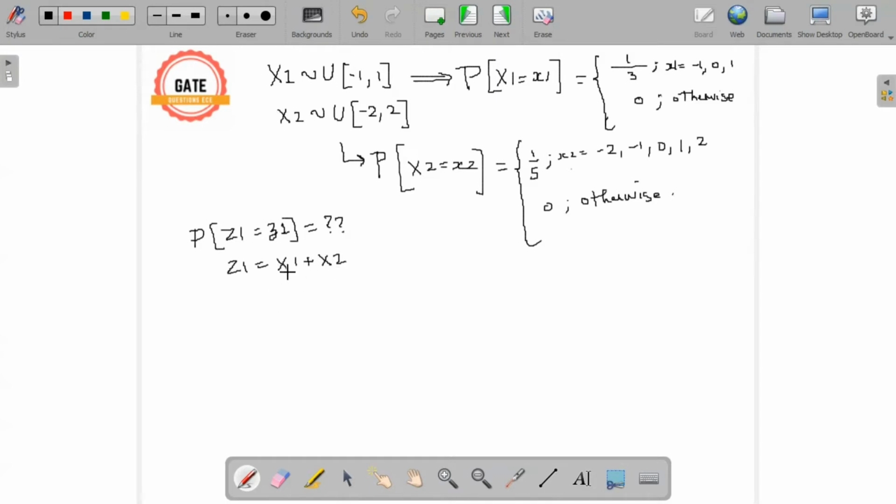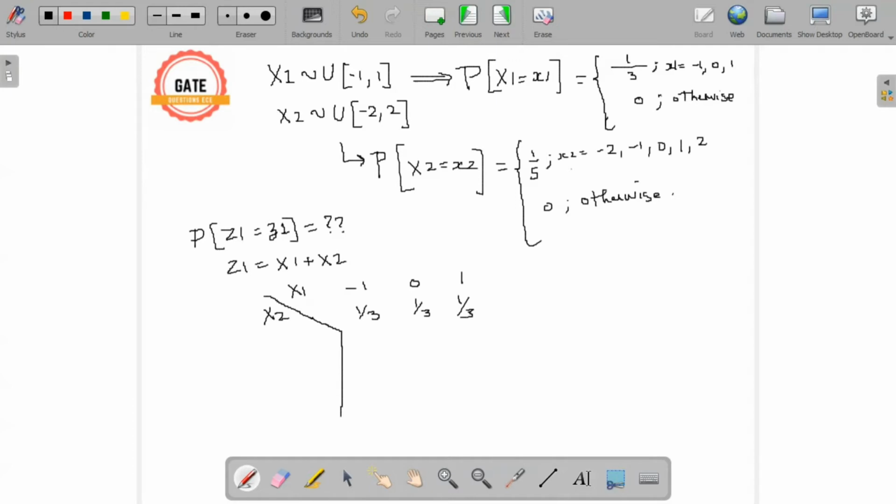So we know for two independent random variables x1 and x2, the PMF of their sum is the discrete convolution of the two. So we will simply use the tabular method. X1 we write here, x2 we write here. For x1 the values are -1, 0, 1 and the probabilities are 1 by 3, 1 by 3 and 1 by 3.